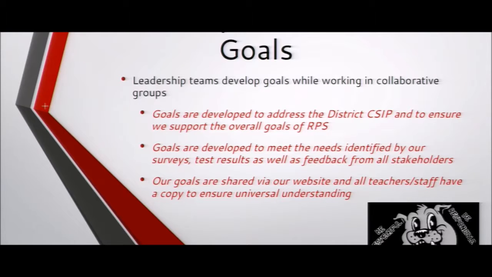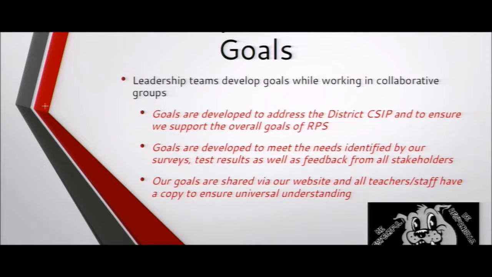In the process, it's important to talk about how we put them together. We look at several things when we put together our school improvement plan. The first and foremost is looking at the district's school improvement plan to make sure that we support the needs of the district. Student performance on assessments, of course, is a key component. And then finally, surveys.